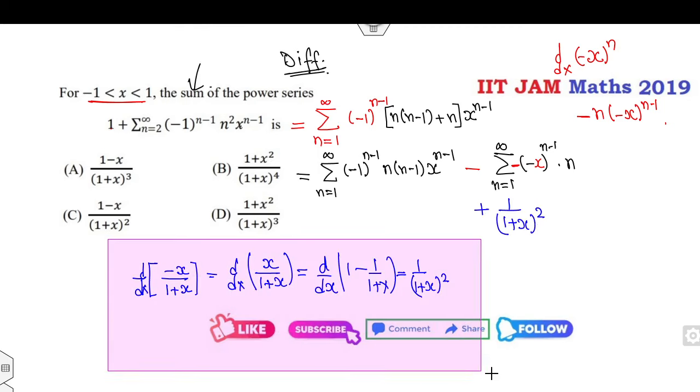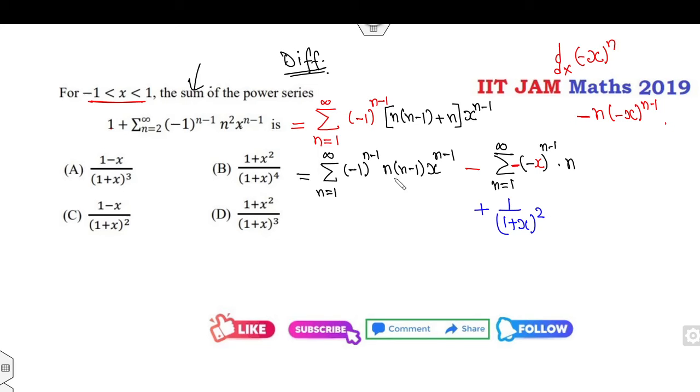Fine. Now the same way I can find the second part, because it is n into n minus 1, I can replace this value as n minus 2. So that means I have to add 1 x. Fine. Now since this is my n minus 2, I can also add n minus 2. Then it means I can add one negative term also.